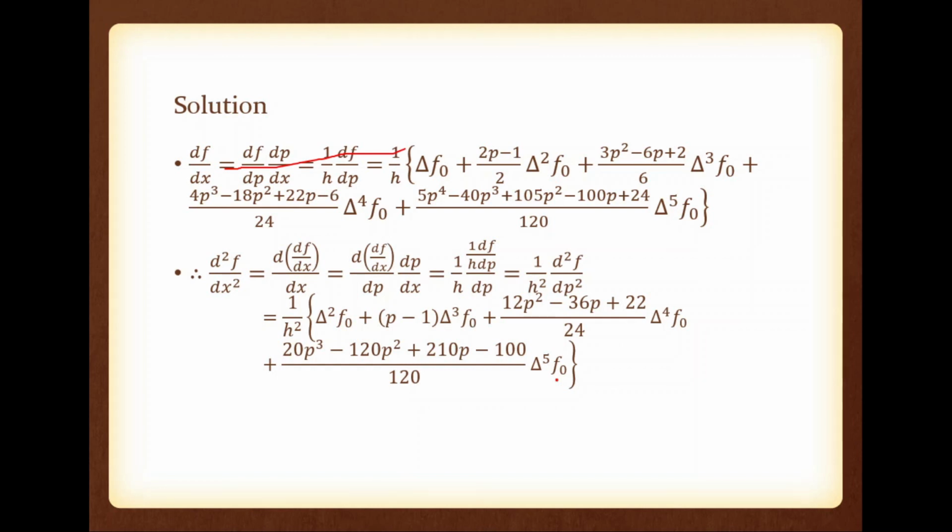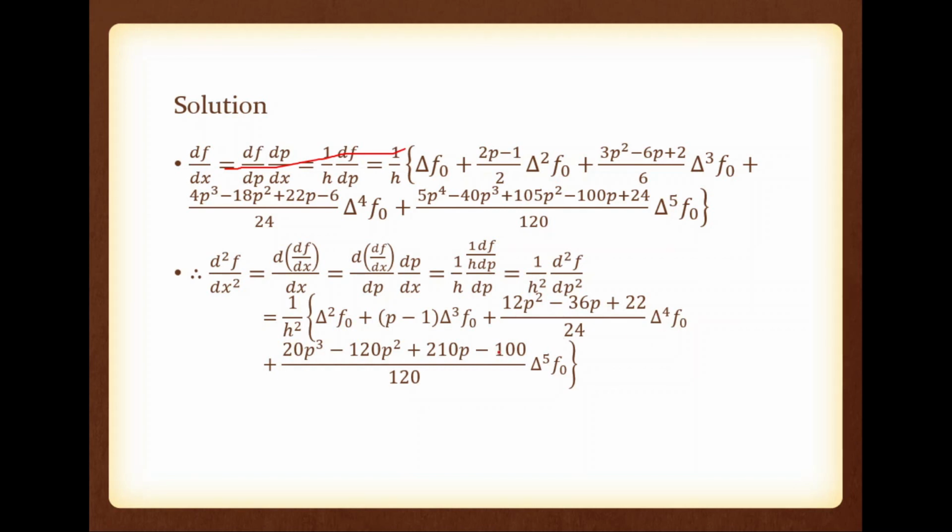Now what is the interesting thing? We already have the value of p because we are asked to find d square f by dx square at x equal to 1. Corresponding to x equal to 1, p equal to 0, right? We already derived that. So as p equal to 0, you can see that this is delta square f0. This term will become minus delta cube f0. This term will become 22 divided by 24, means 11 by 12, delta raised to 4 f0.